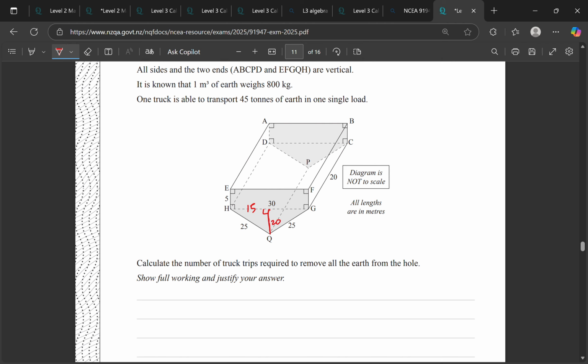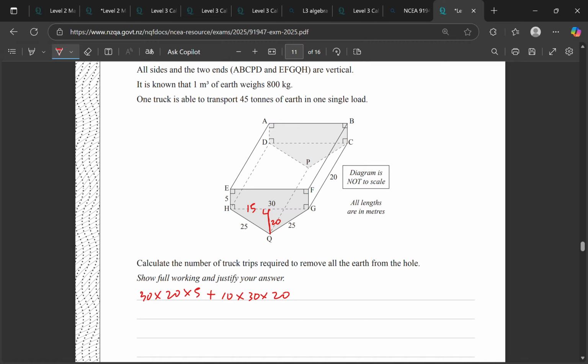Okay. So let's find out the volume of this hole. So I go the top one, 30 times 20, times by depth 5, right, plus the triangular prism, which is 10 times 30 times 20.